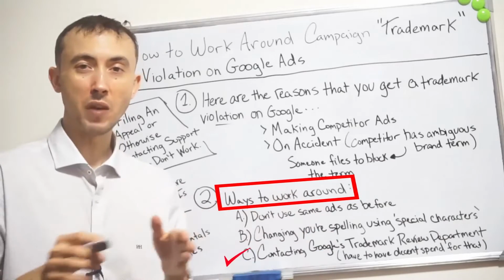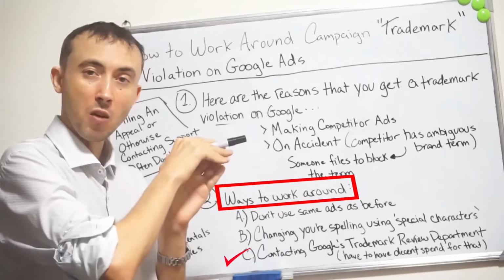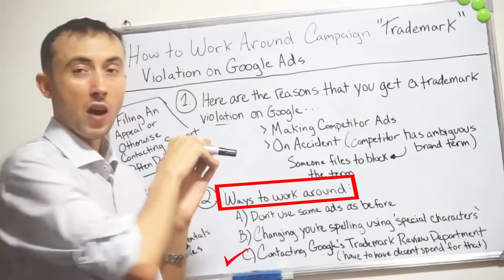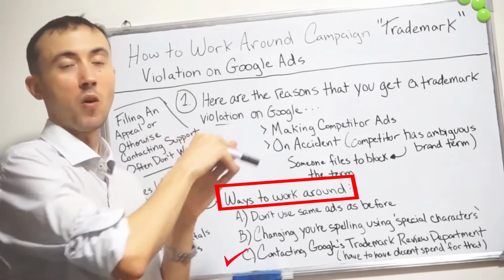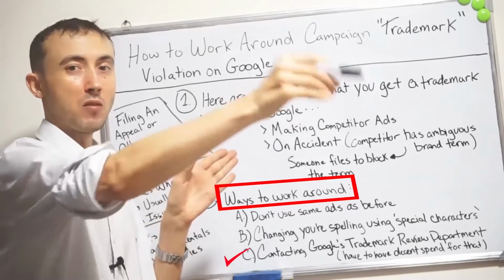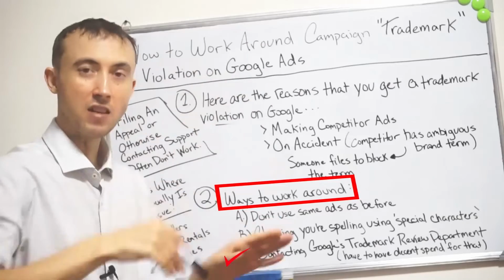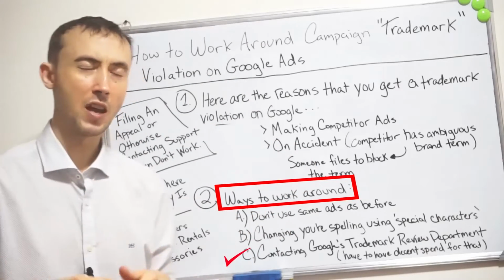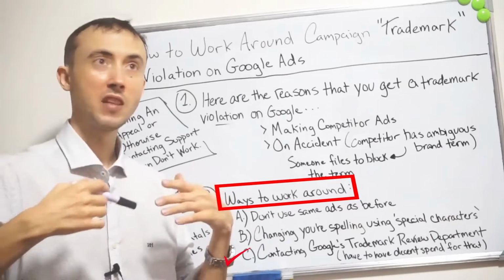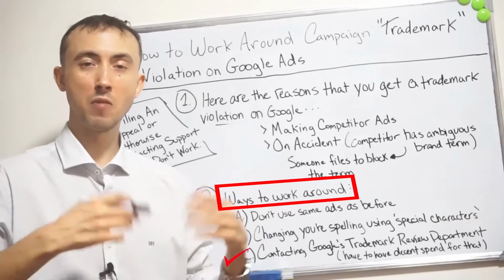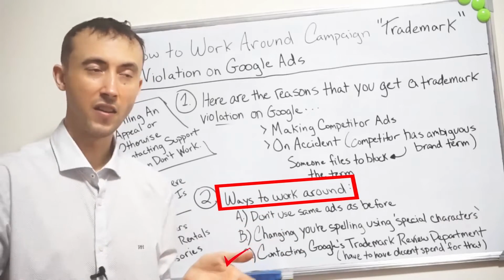Just make sure on the landing page you have, at the very least along with that, you'll help yourself out a bit more by having the headline say BMW custom exhaust, where it's written out fine, because they don't check your landing page most of the time anyway. Well, 99.9% of the time, trademark, they don't care about any of that.